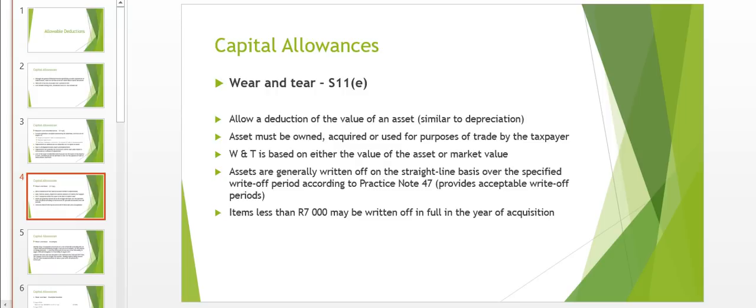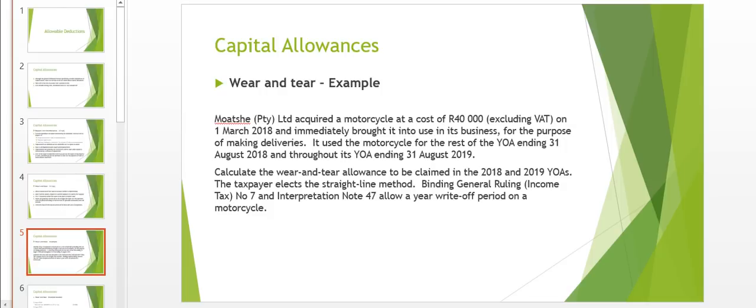And any item costing less than 7,000 Rand, you may write off in full during the current year of assessment. For example, when you buy a computer for 6,000 Rand, you can write off the full 6,000 Rand during the first year of assessment, because it's less than 7,000 Rand.